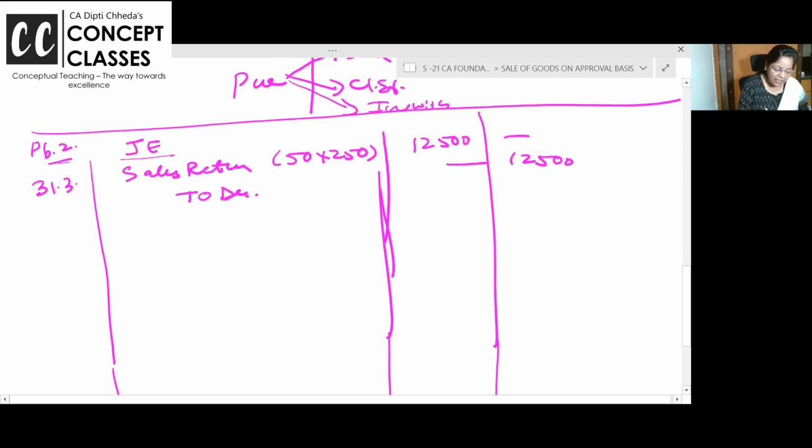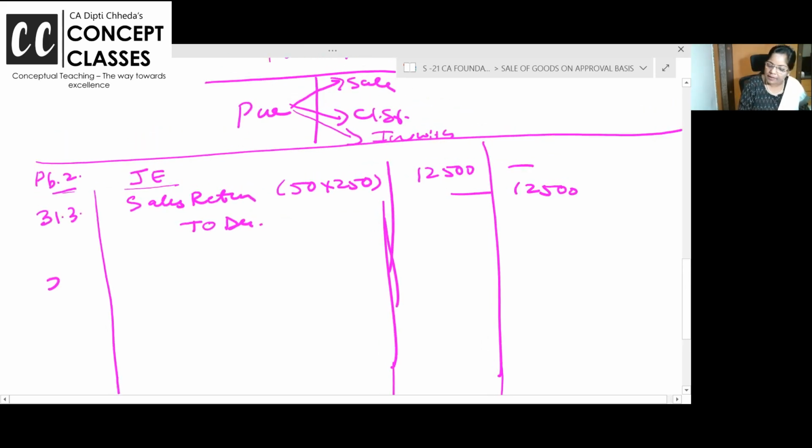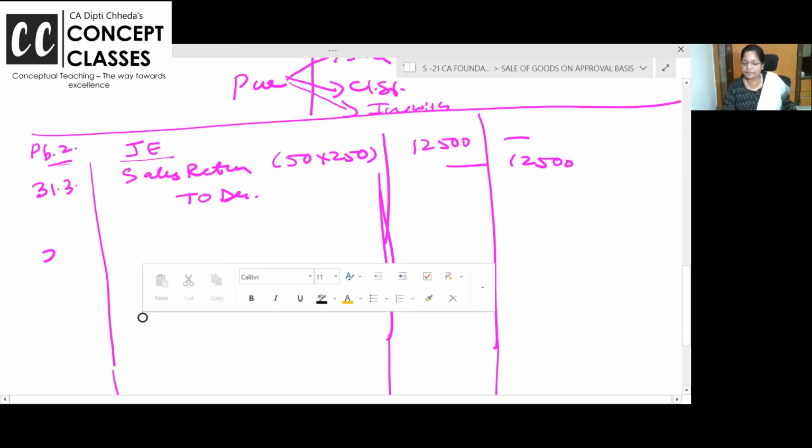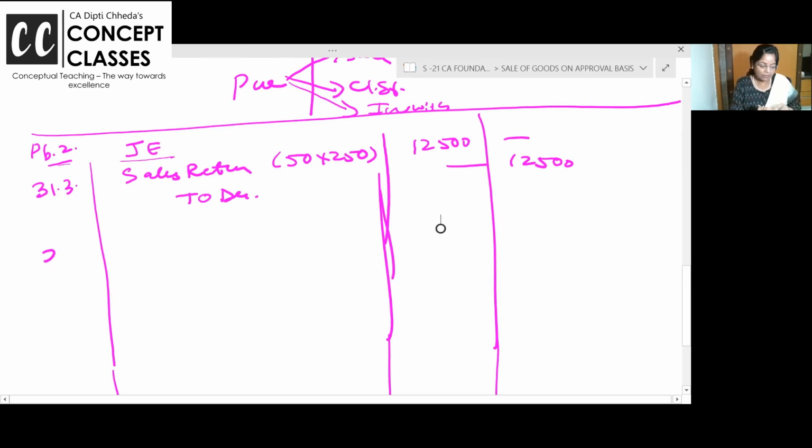They are just asking you that out of 200 on 31st, what happened to the goods? 50 are returned and 70 are accepted. So for 70 accepted also there is no entry, and 50 returned we have done.